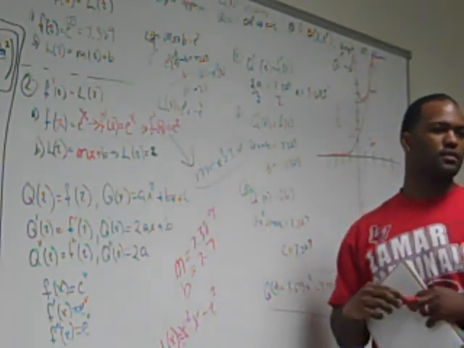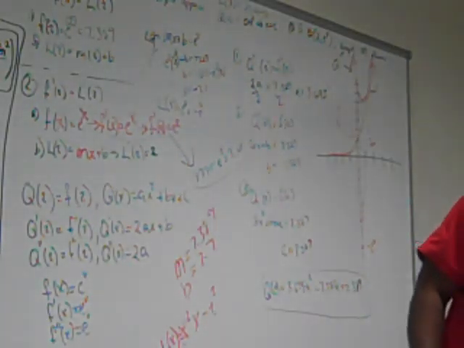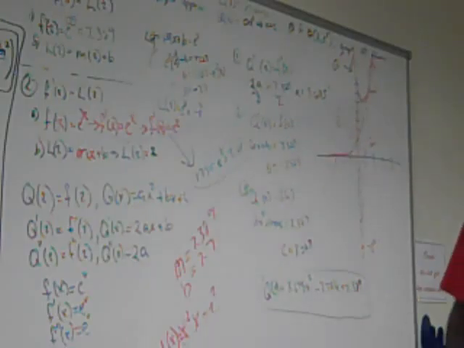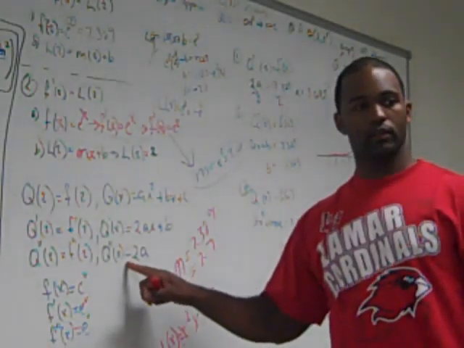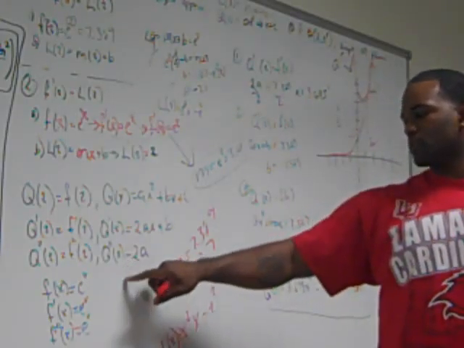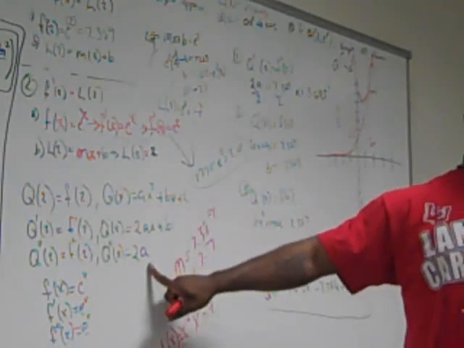Any other questions? Could you explain how you got 2a up there is equal to e squared? Right here? Yeah. Down here it's equal to your second derivative of q. So equals 2a. The second derivative of this function is 2a, right?